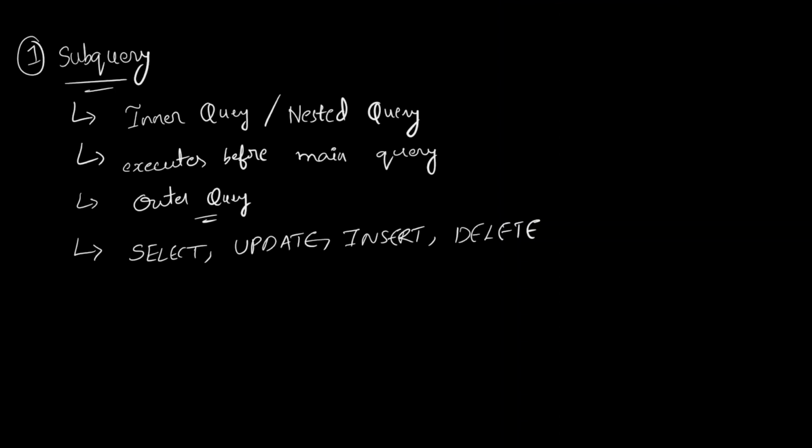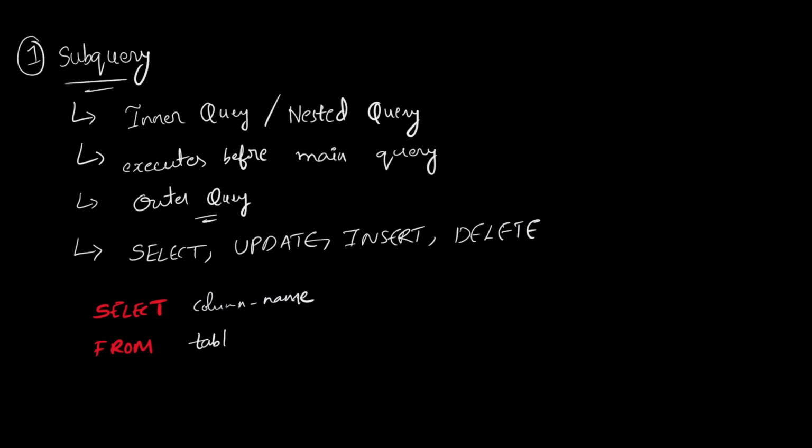The syntax for a subquery is, let me write a simple syntax. First, we will have select, then we will have the column name, then we need to select the columns from the table.